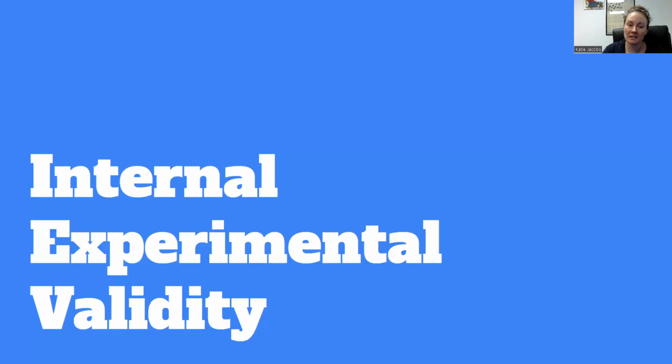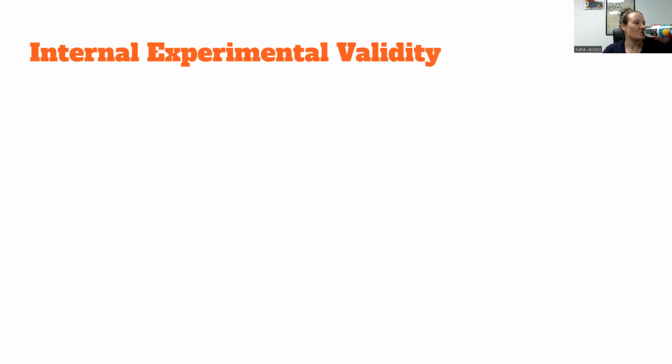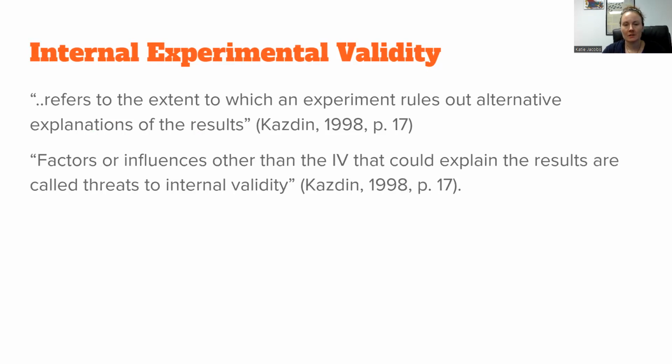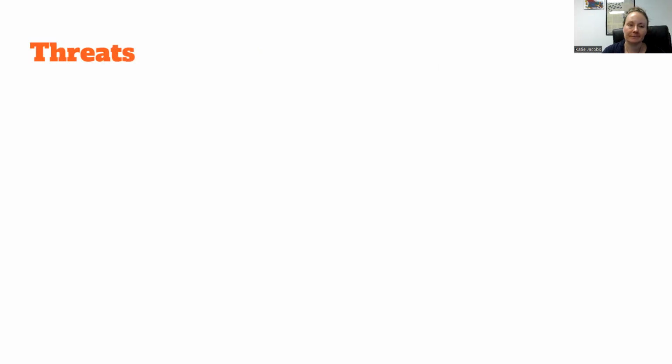We also have internal experimental validity. And this refers to the extent to which an experiment rules out alternative explanations of the results. So factors or influences other than an independent variable that could explain the results are called threats to the internal validity.